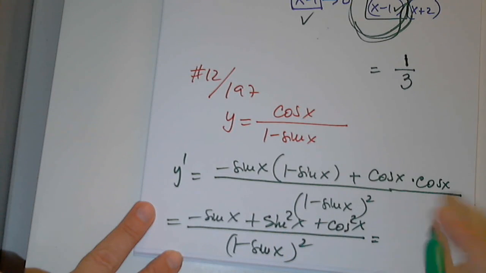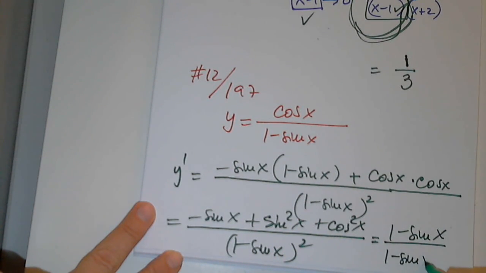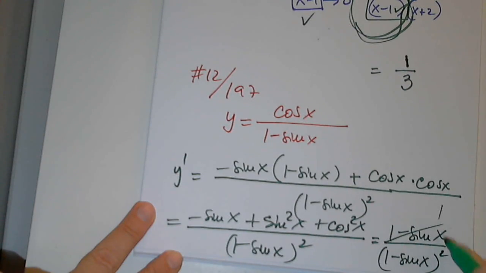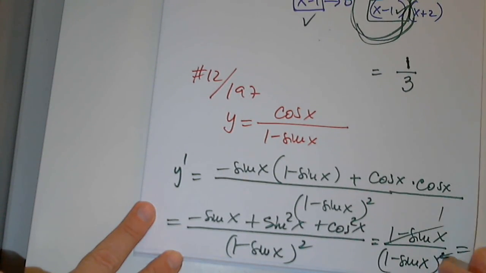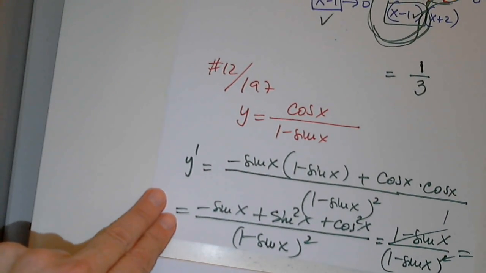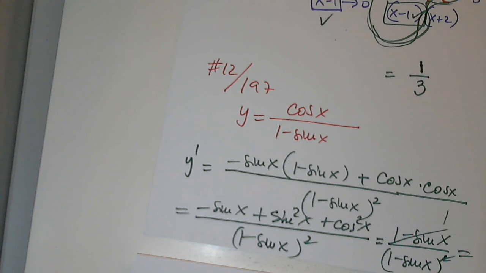That's 1 minus sine x over 1 minus sine x squared. And the simplified form of this derivative is 1 over 1 minus sine x. That's exactly it.